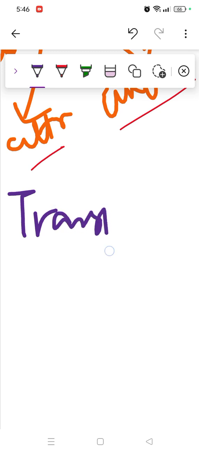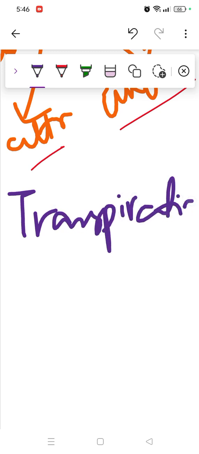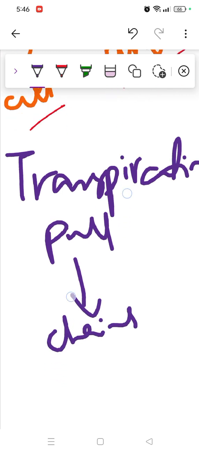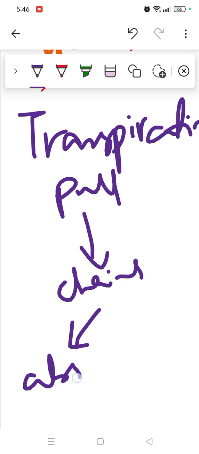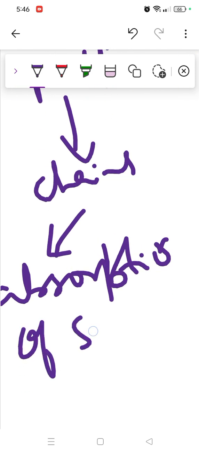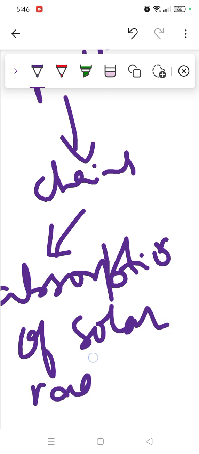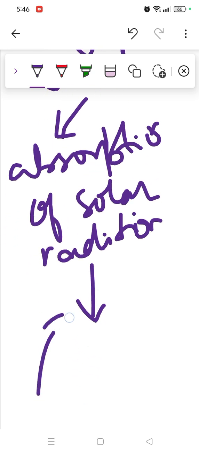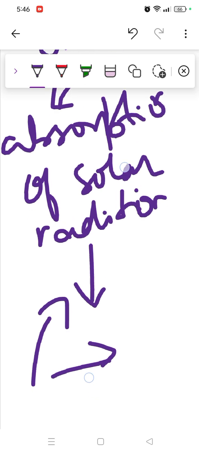Here is the transpiration pull. These result in a chain of events that starts from absorption of solar radiation, like sunlight in the morning, because sunlight raises the temperature of leaves, when water begins to evaporate from moist walls.